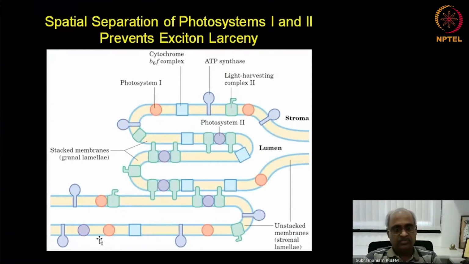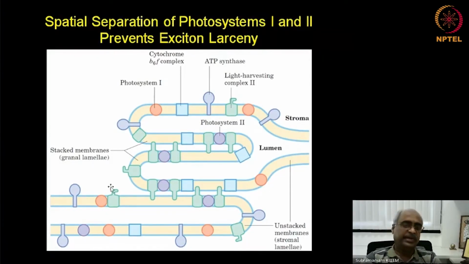So photosystem 2, in this diagram, what you are seeing in this cartoon, this is the stacked grana-like thylakoid, where these are appressed against each other, while this is at the top or this is at the bottom where they are exposed to stroma, also these sides.